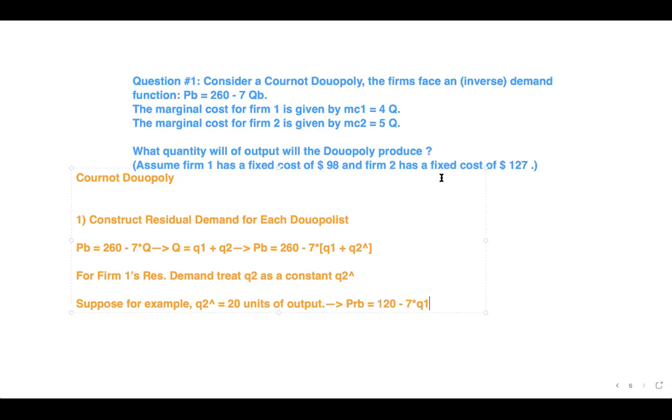I'm sorry, where'd you get the 120 from again? Well, okay. So I said that Q2, right, is equal to 20. So if I put 20 in here, I get 20 minus 7, right, which is 140. Oh, so you just reduced it.